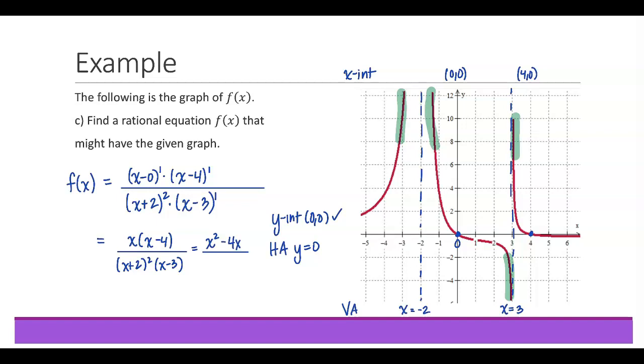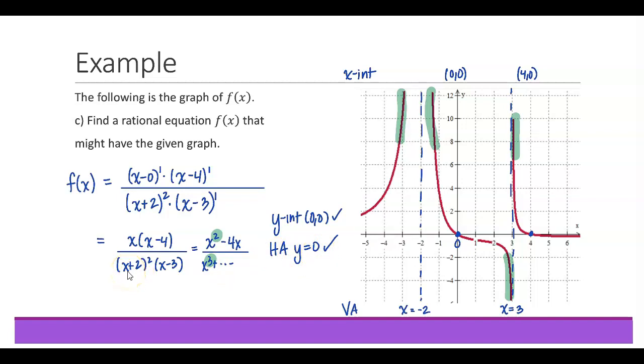In the denominator, I'm not going to multiply it all out, but I can see I would get x squared times an extra x, so x cubed with some terms. So basically I would get a degree on the top that's smaller than the degree on the bottom. So my horizontal asymptote is verified.